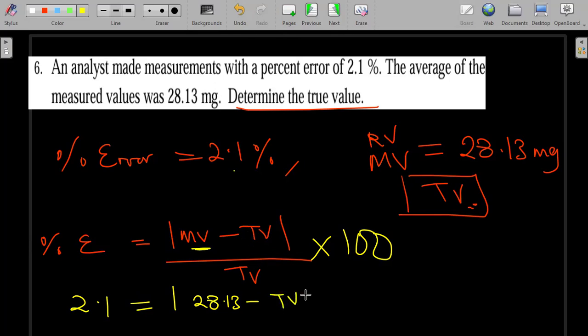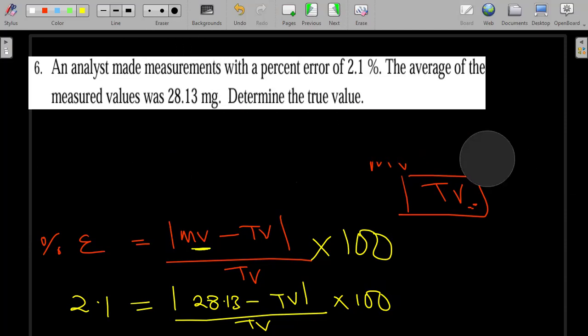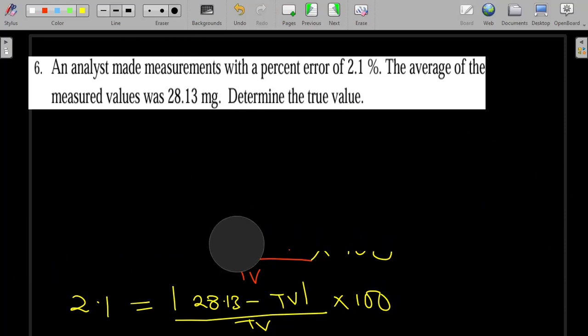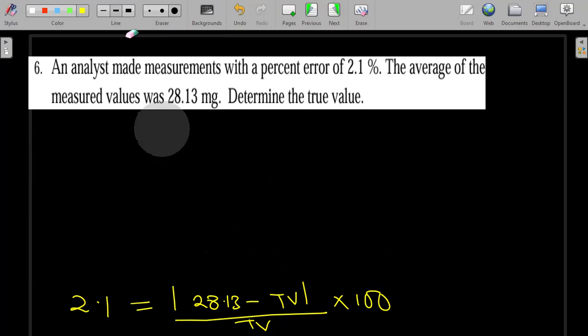The true value we don't know, we want to calculate it, divided by the true value, which is just TV, multiplied by 100. From here, we can remove the modulus and then we can cross multiply.